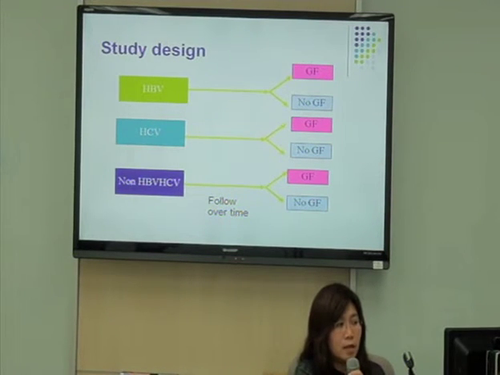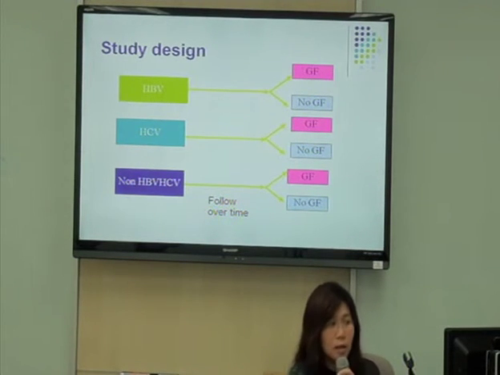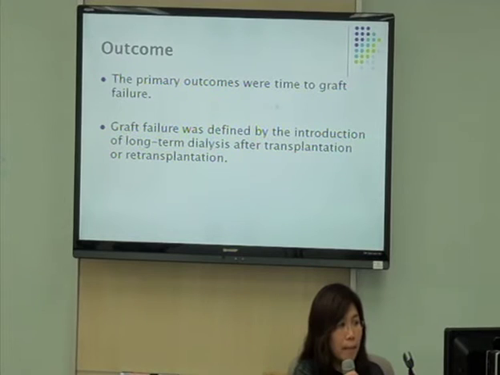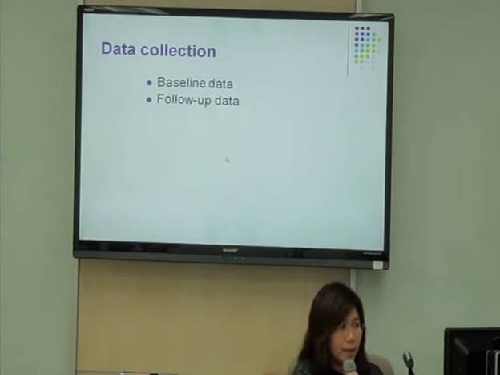After classifying the subjects at baseline of enrollment, I mean at the origin, subjects are followed up to see whether they have graft failure or not. The primary outcome was time to graft failure, and graft failure was defined by dialysis. And this is the statistical analysis we have already talked about.